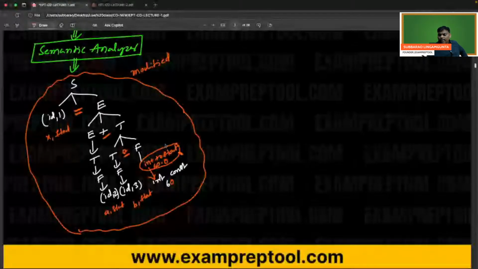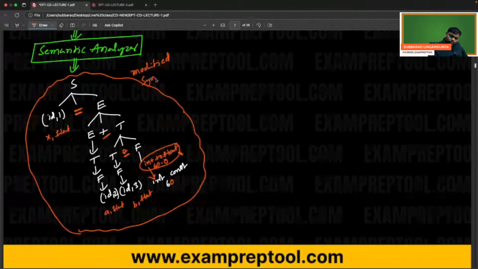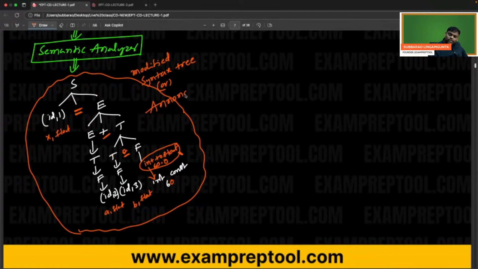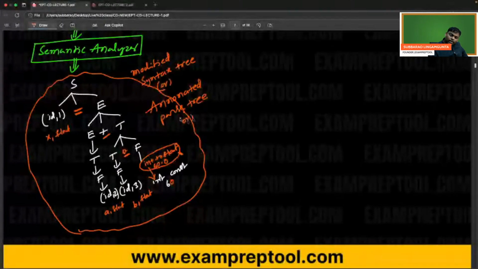So remember, the semantic analyzer input is a syntax tree, and the output is also a syntax tree, a modified syntax tree, which is also called an annotated parse tree, or a decorated parse tree.